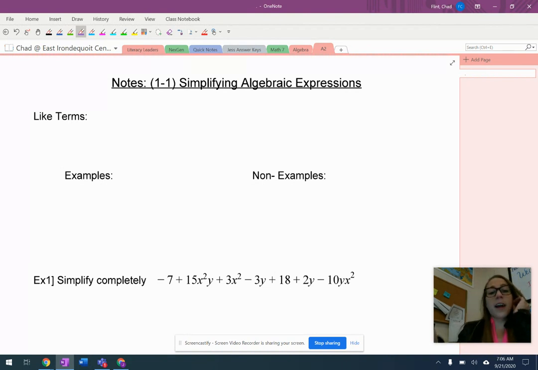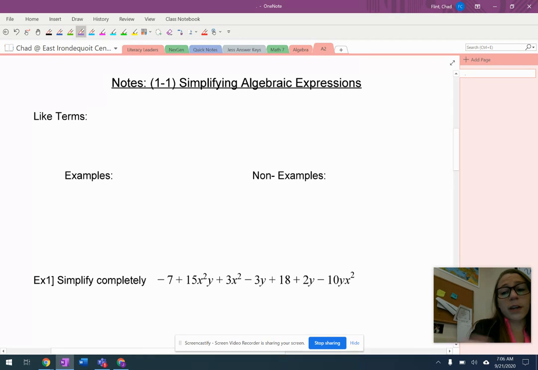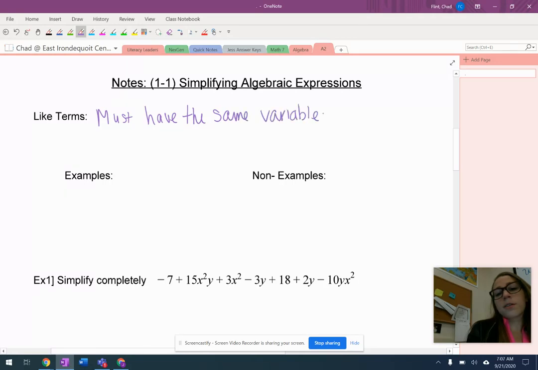But anyways, okay. So this is notes 1-1 for algebra A2. Our first review topic is like terms and what like terms are. You might remember like terms must have the same variables and exponents.